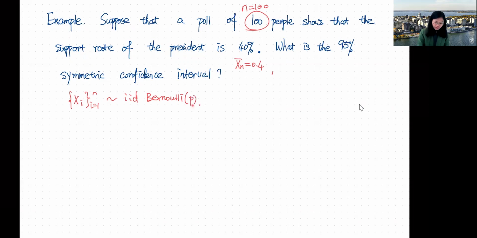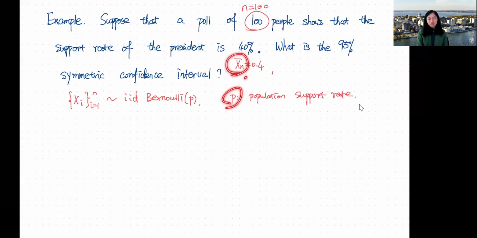And the support rate among the population is p. X bar is an estimator for that p. Given the sample we calculated, this X bar equals 0.4.